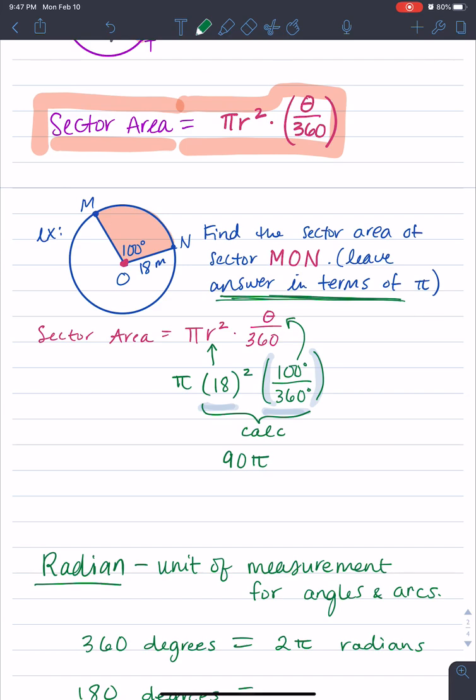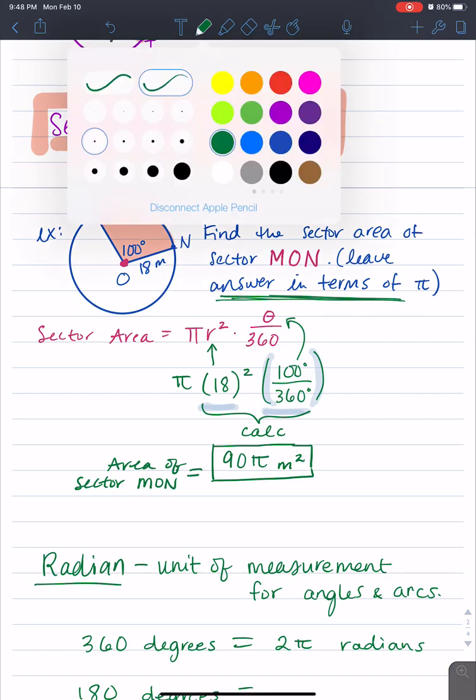Yes, okay. And remember, we're going to leave pi in our final answer. Oh, wait, let's go back to our units of measurement. That was meters squared. Cool. So that is the area of sector MON. Okay, not too bad, right?